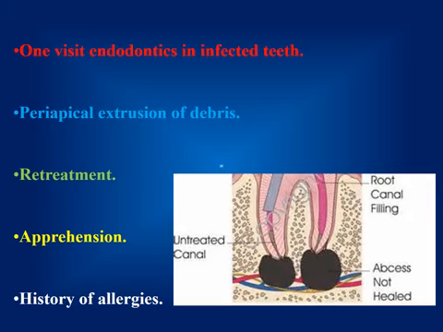By removing the gutta-percha and opening the canal, here oxygen will enter and these anaerobic bacteria will become aerobic, and here there will be a serious infection. Apprehensive patients may experience flare-up and any history of allergies.